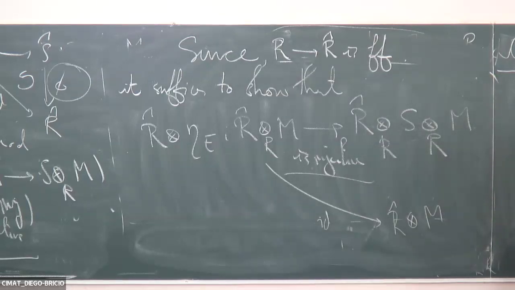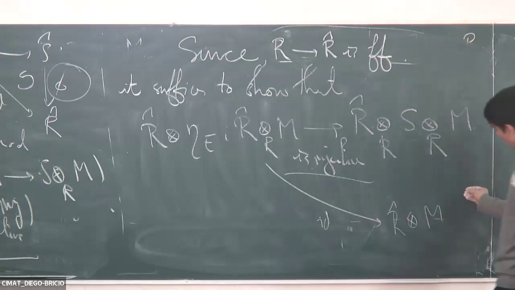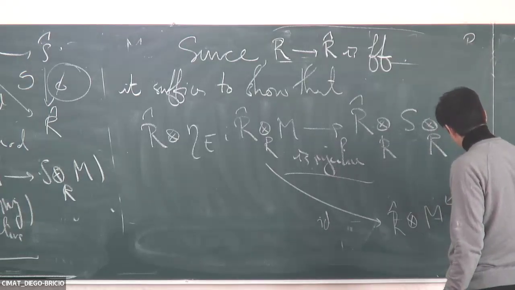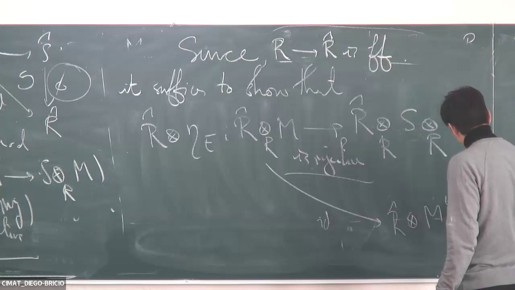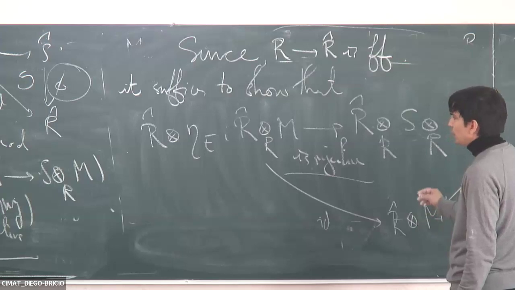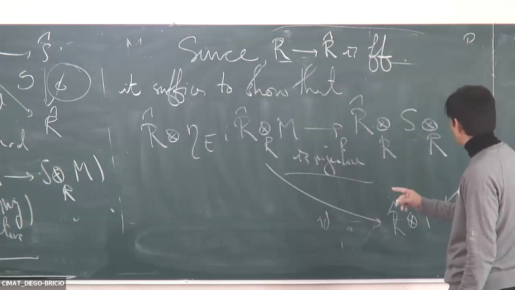How to do that? There is a composition of maps. So we would like to use phi. Phi is this thing that is given to us. So phi tensor m, right here we can have phi tensor m, where phi goes from s hat to r hat.